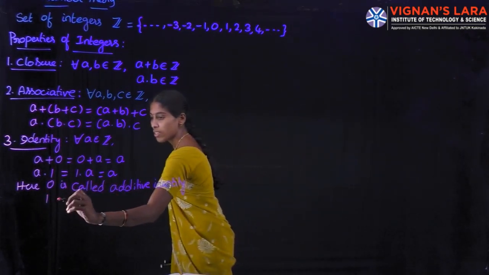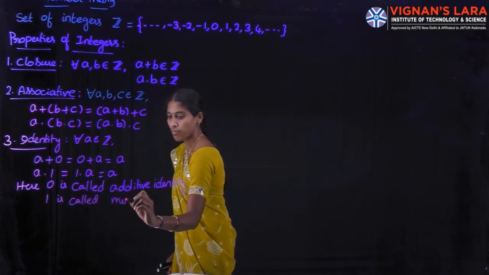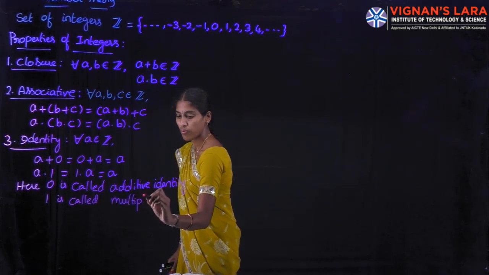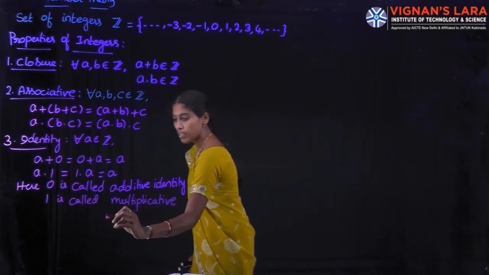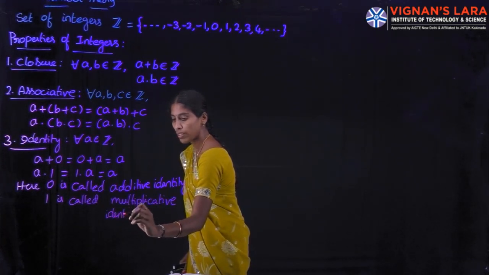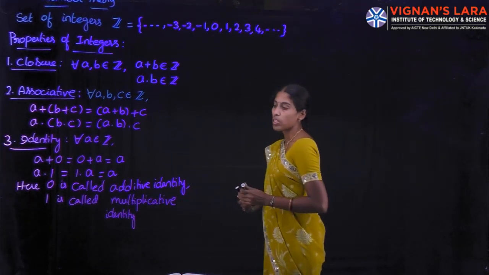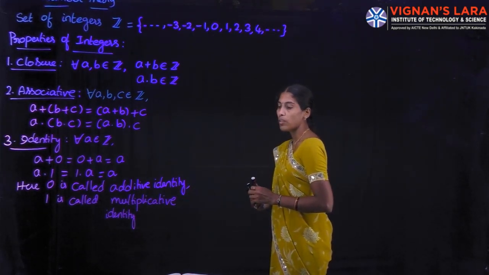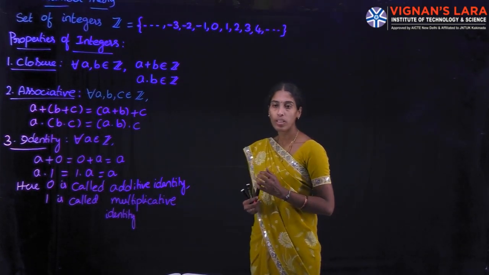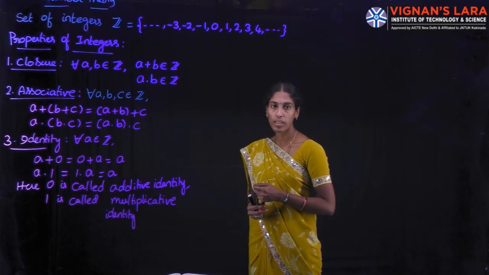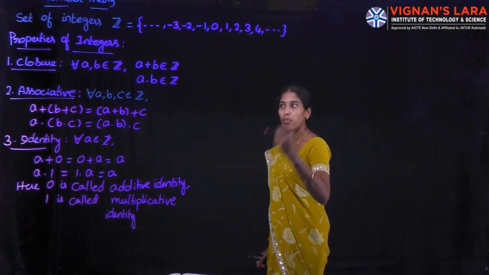So 1 is called the multiplicative identity, right? So 0 is called the additive identity and 1 is called the multiplicative identity. So identity elements with respect to addition and multiplication exist in the set of integers, right?